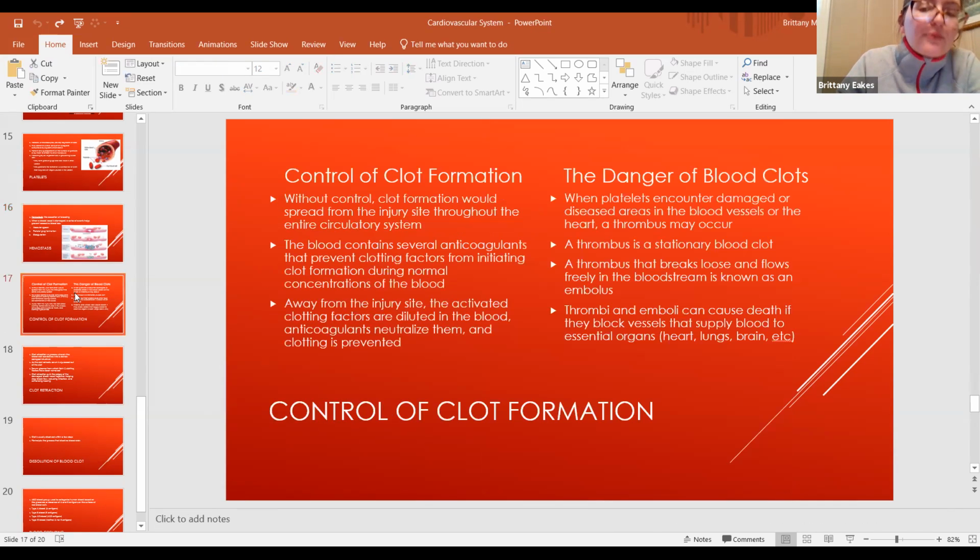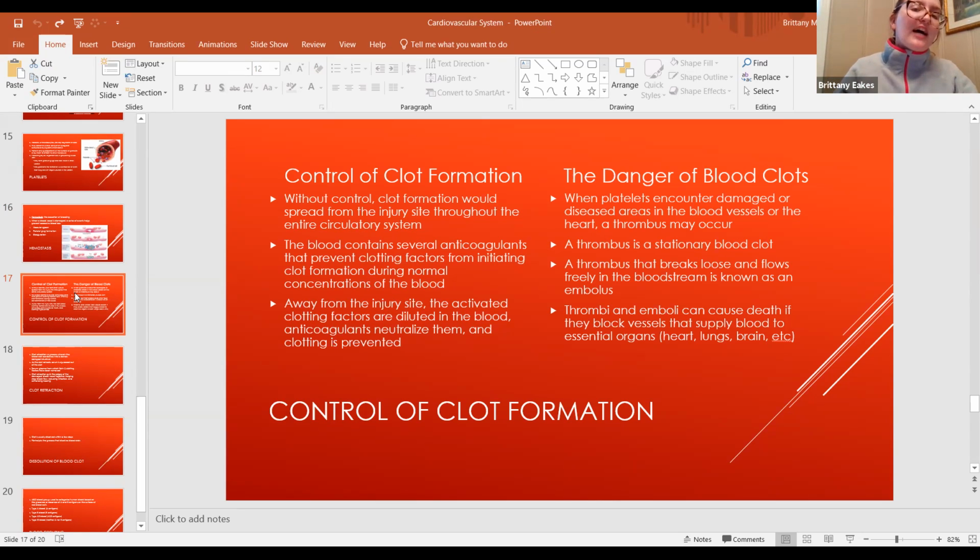Okay, so with blood clots, without control, clot formation would spread from the injury site through the entire circulatory system, and that wouldn't be good. It'd be rock solid. Our blood contains several anticoagulants that prevent the clotting factors from initiating clot formation during normal concentrations of the blood.